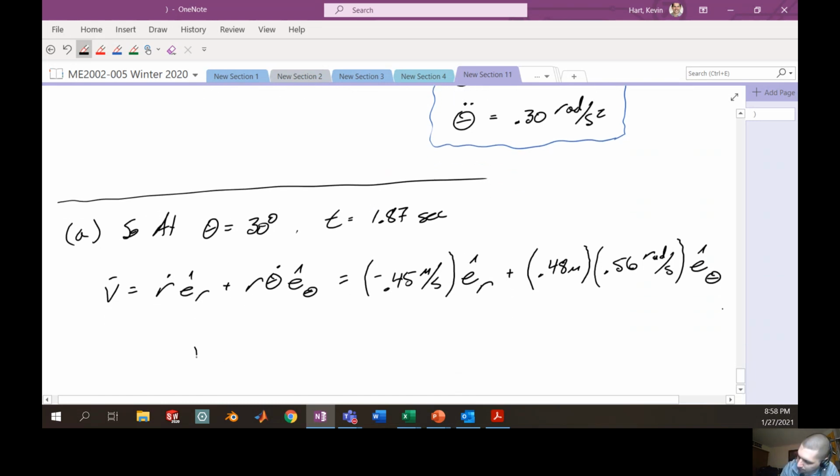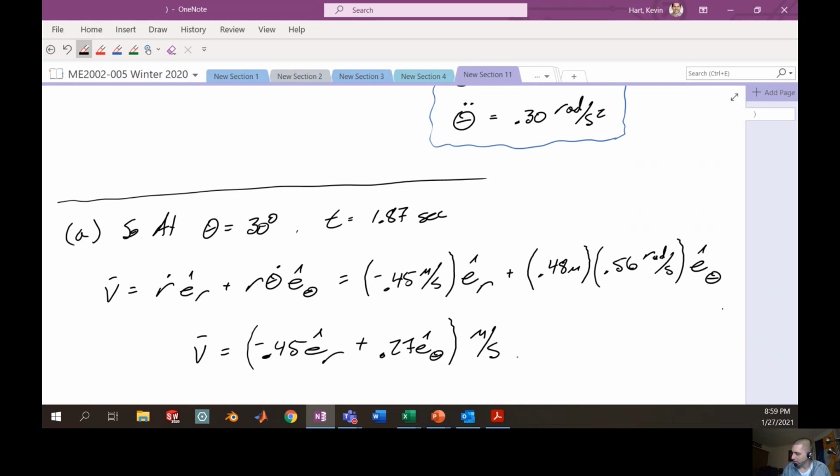So after some math, we get that our velocity is negative 0.45 e hat r plus, after doing the math on the right-hand side here, 0.27 e hat theta, units here meters per second. All right, so there you go. There is the total velocity of the collar at that particular instant.